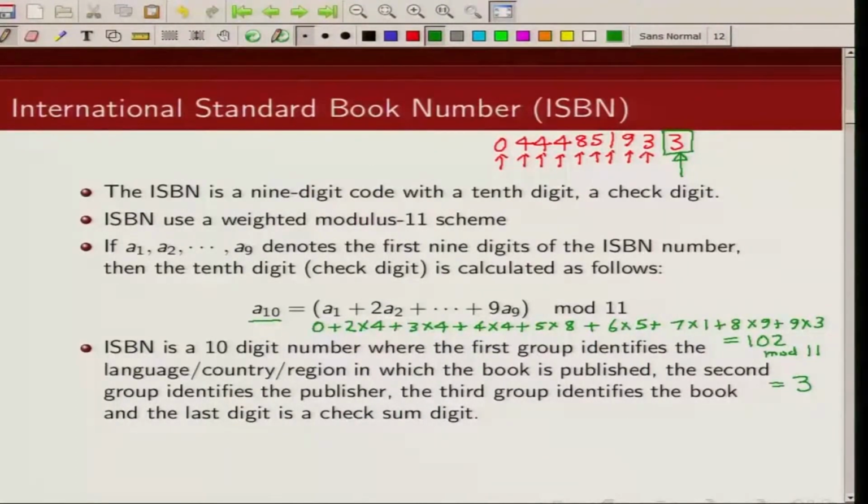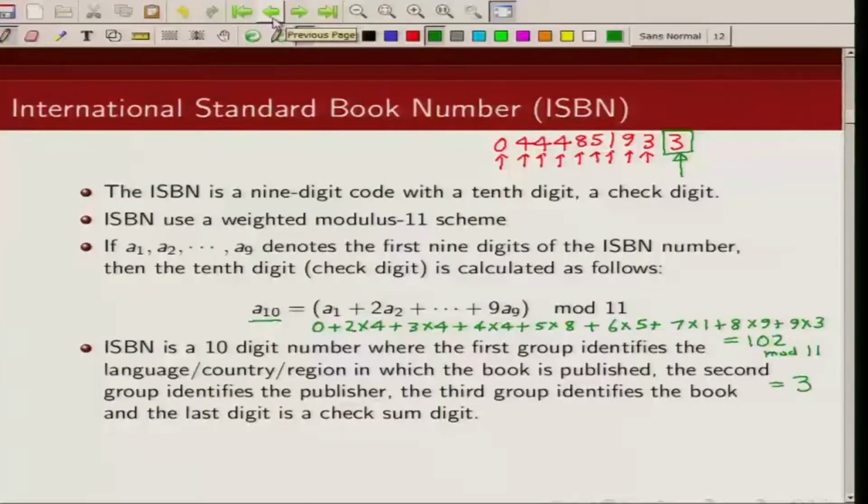Okay. Now, the interesting part about these ISBN numbers is that they can detect transposition errors. So, what is a transposition error? So, let us say when you are reading this ISBN number with a barcode reader, the most common mistake that happens is that adjacent digits are read wrongly.